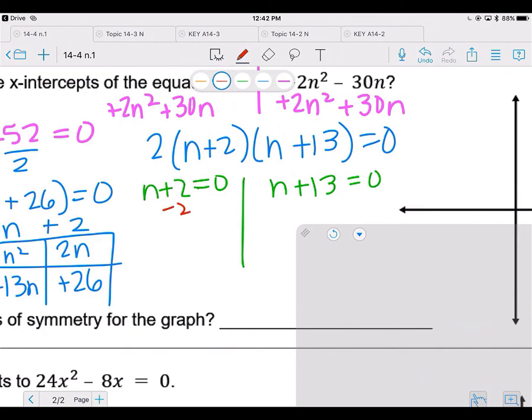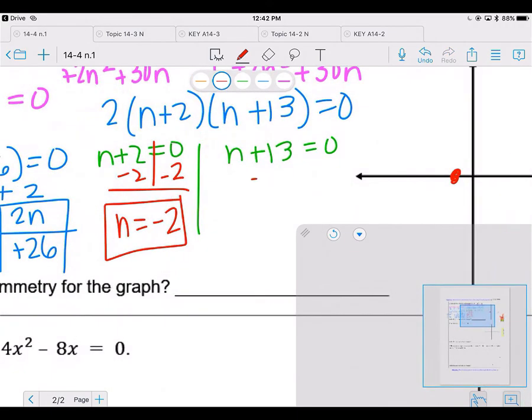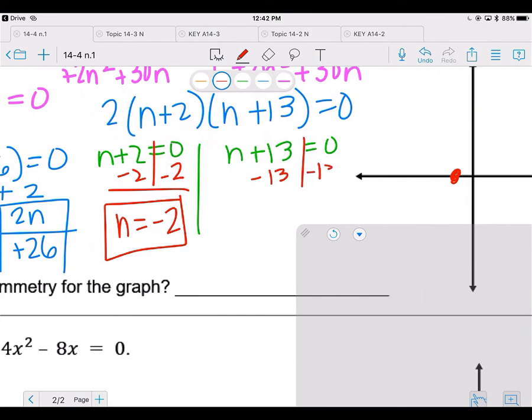So when I solve, I subtract 2 from both sides and get that n equals negative 2. So that's about here-ish. And then for the other one I solve, and I get negative 13, so that's way out here.